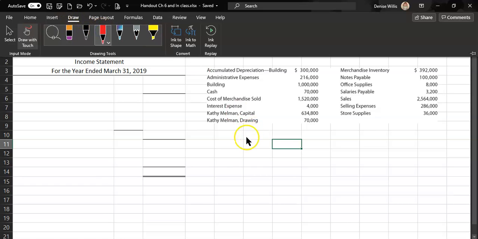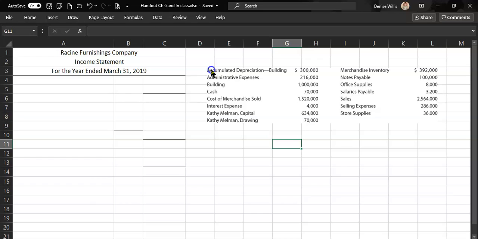So first thing we're going to do is go through and talk about where you would find each of these accounts, what financial statement, and your choices are income statement, balance sheet, or the statement of owner's equity. So the accumulated depreciation account should follow its asset. The asset is the building, and the building and accumulated depreciation are going to be on the balance sheet.